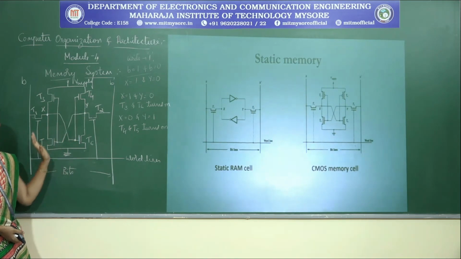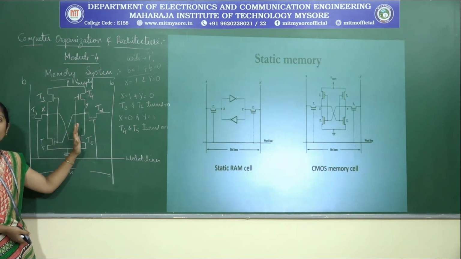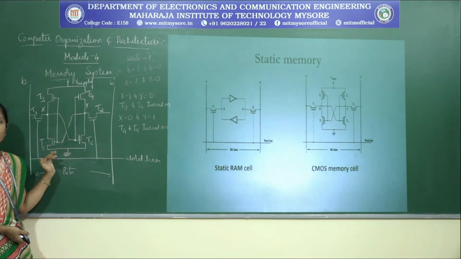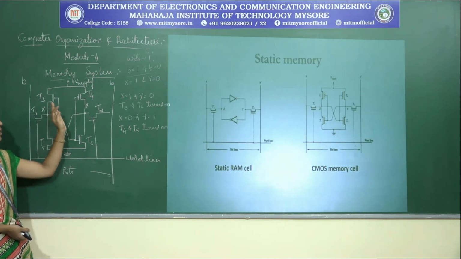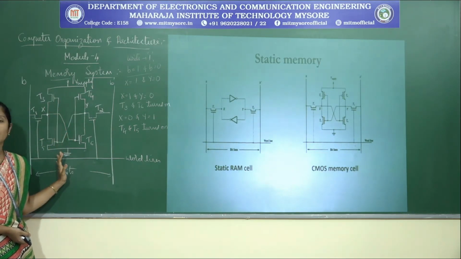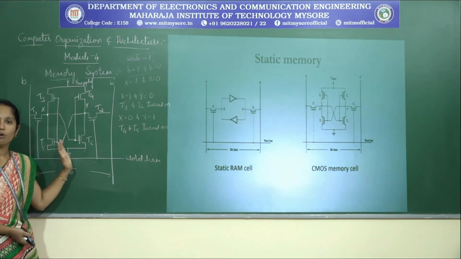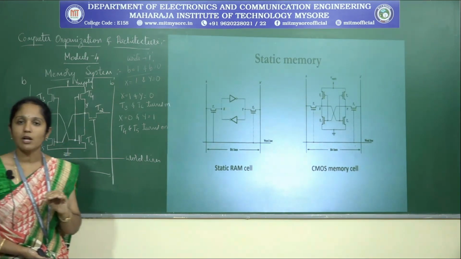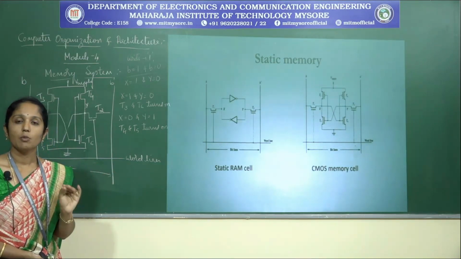Only then will the current flow; otherwise, it makes sure there is no current between the supply and the ground. Only when the transistors are on does it provide the path between the supply and the ground for the current flow. Other than that, the current flow will not be there. Because of this reason, these consume less power, and CMOS cells are the ones most widely used.